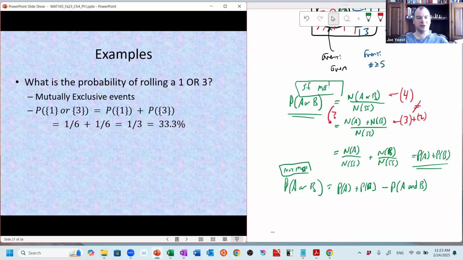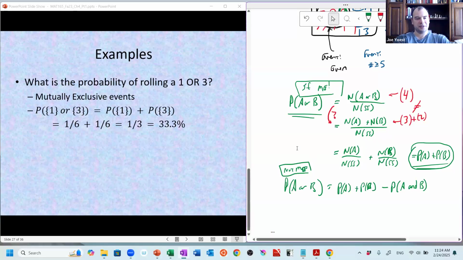So probability of rolling a 1 or 3 is simply probability of rolling a 1 plus probability of rolling a 3. Since they're mutually exclusive events, I can just essentially distribute that probability over the compound event, and the OR just turns into a plus. Well, probability of rolling a 1 is 1/6, probability of rolling a 3 is 1/6. Add the two together, we get 1/3, as we'd expect.